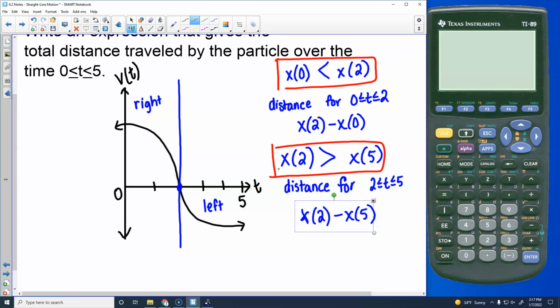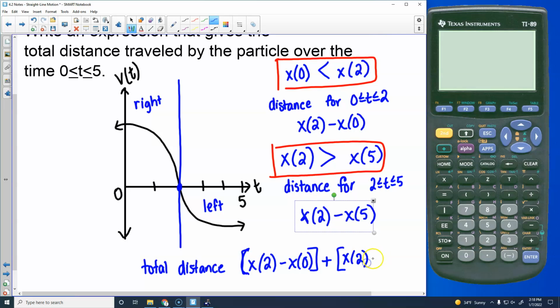So if I want to know total distance, from 0 to 2, I go x of 2 minus x of 0. Use a bracket there, actually. Plus, from 2 to 5, I have x of 2 minus x of 5.